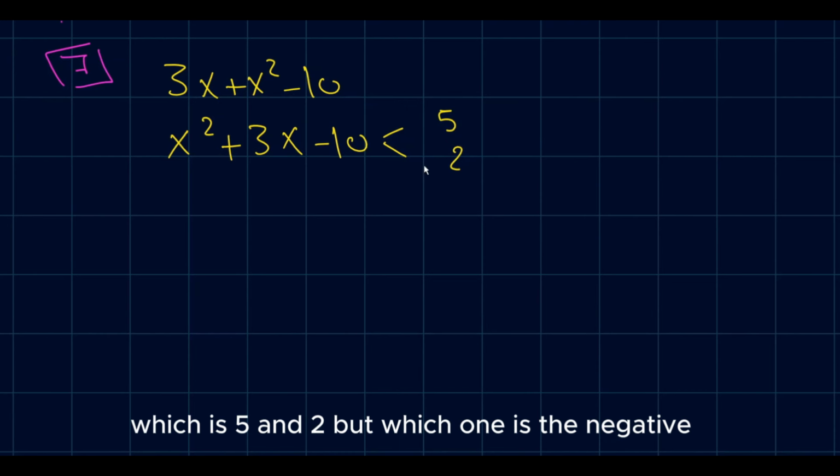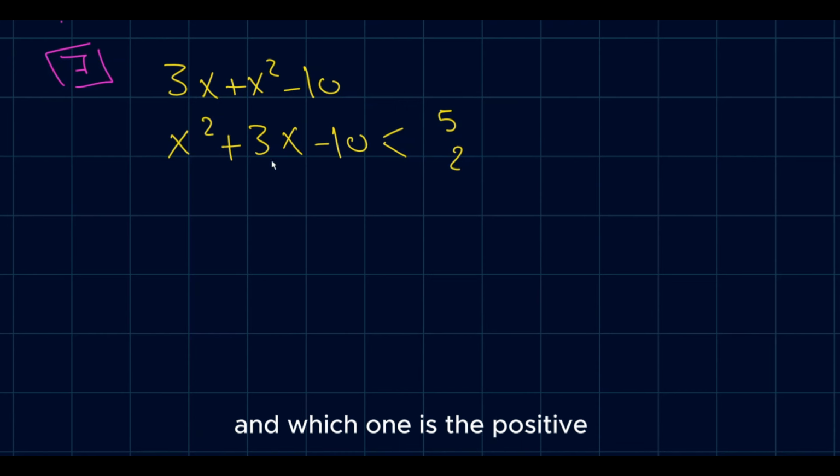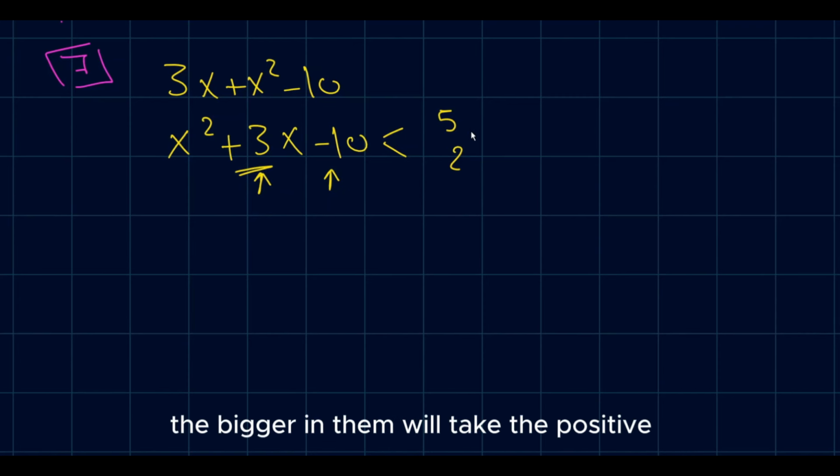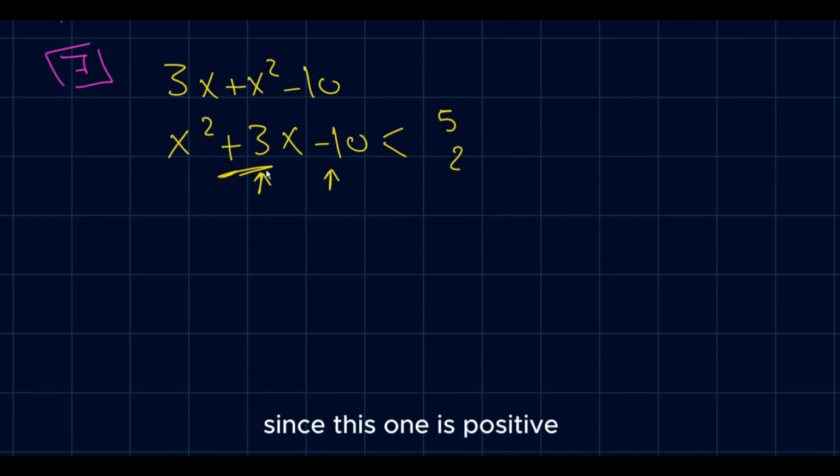But which one is the negative and which one is the positive? We have positive 3. Since we have negative over here, but we get positive over here, so since we have two factors, the bigger of them will take the positive, since this one is positive.